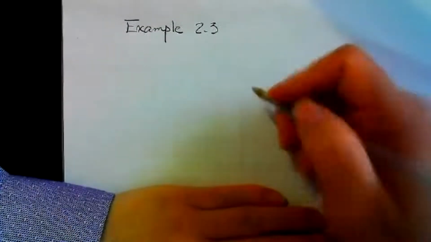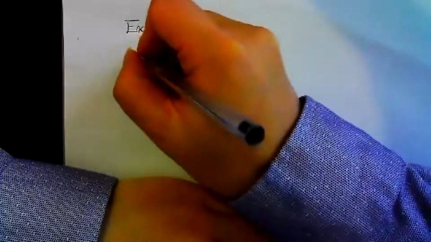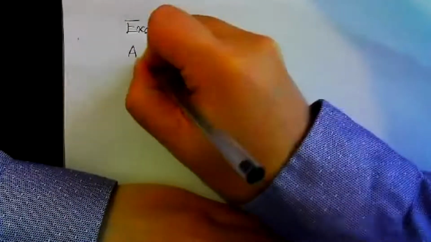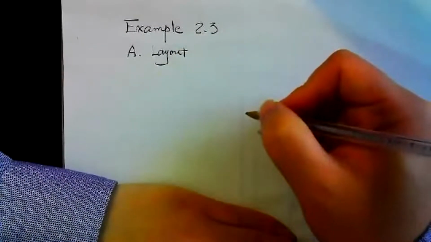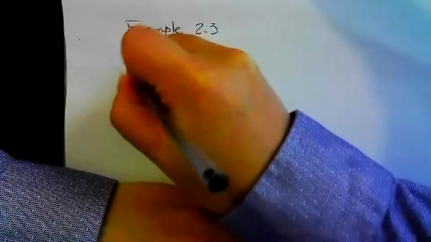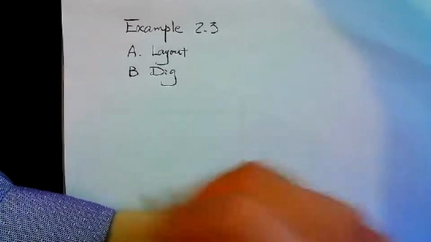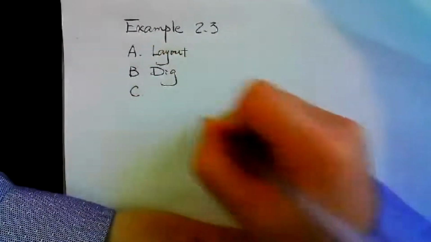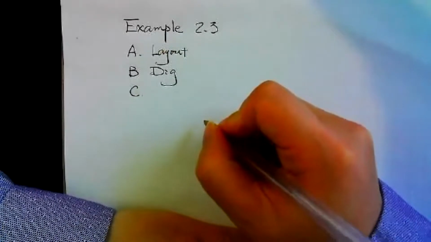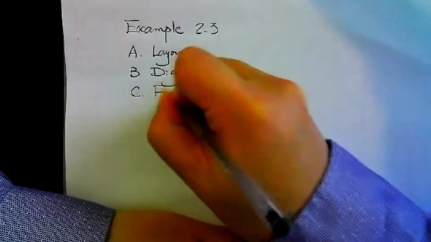We have activity A, which is lay out the foundation. Activity B is dig the foundation. Activity C is the formwork.